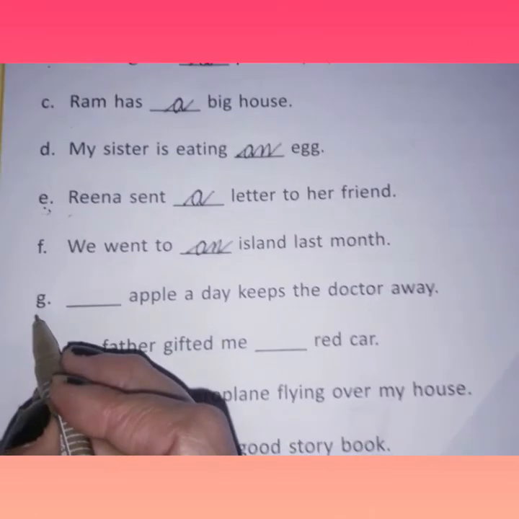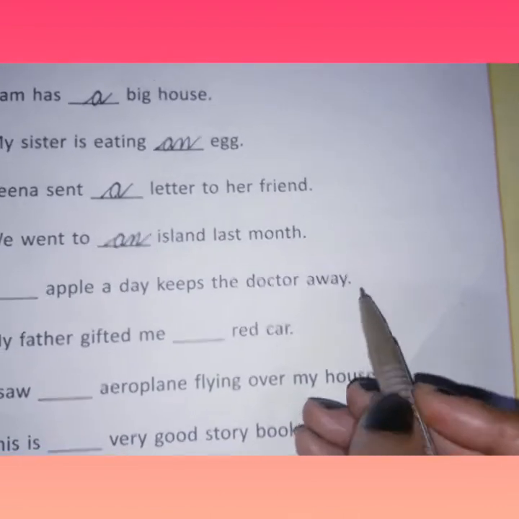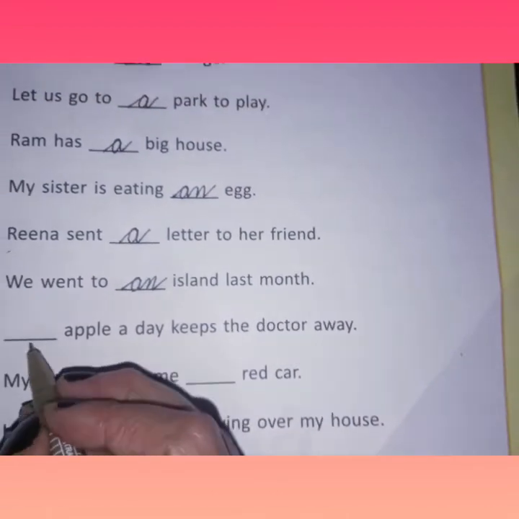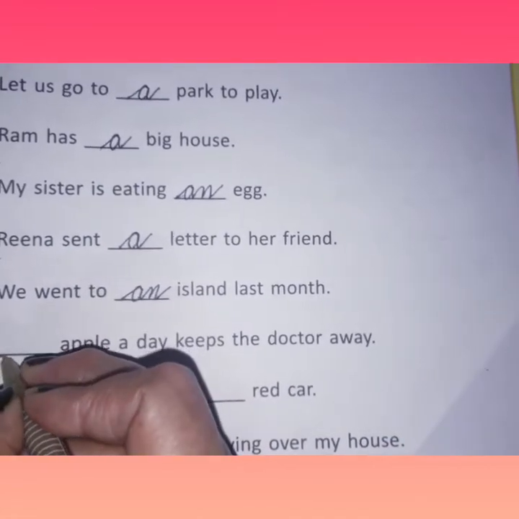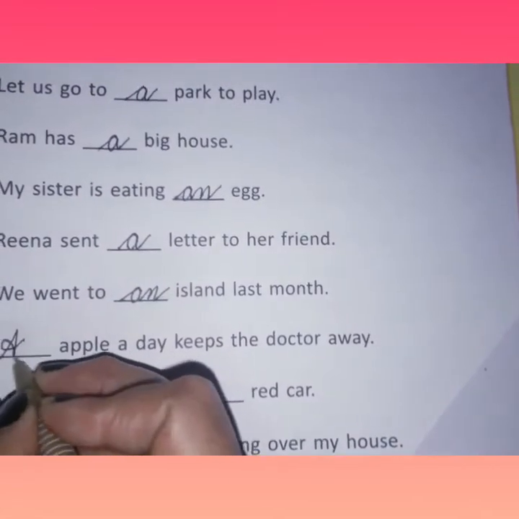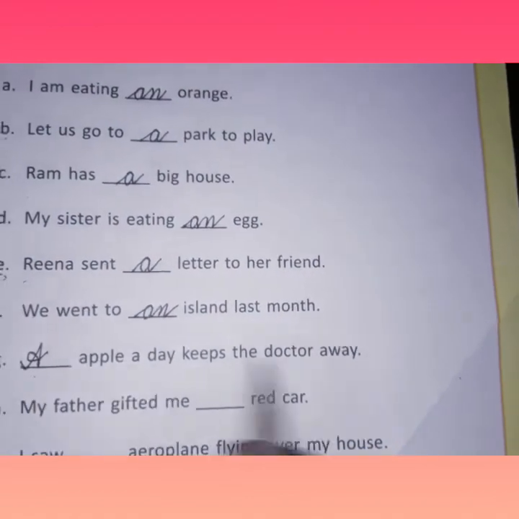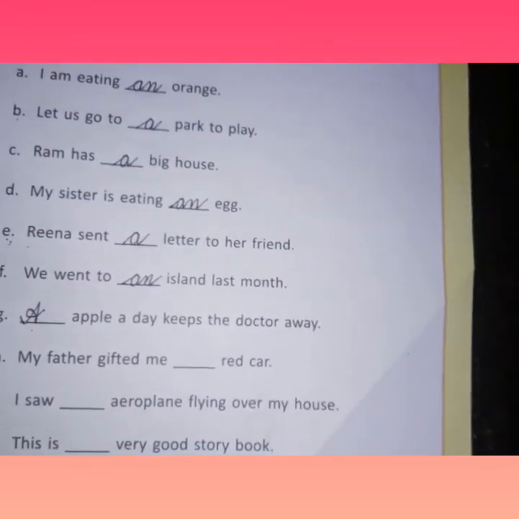Now see the next sentence. G. Dash apple a day keeps the doctor away. So before this word apple, we will write an here because A is a vowel. So we'll write it with a capital letter because it's the first word of the sentence. We always start a sentence with a capital letter.